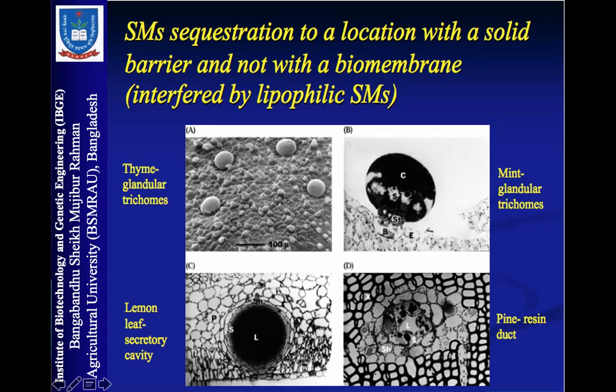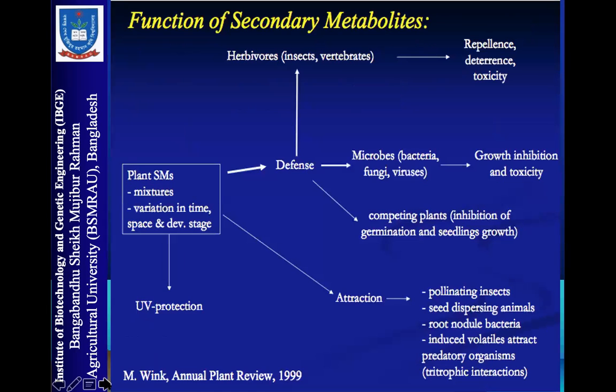In the pine resin duct, if you cut a pine tree, you can see milky substance coming out, or a rubber tree, if you cut it. They are basically defense molecules, and they are secondary metabolites. There are lots of examples, and this is the last slide for today.